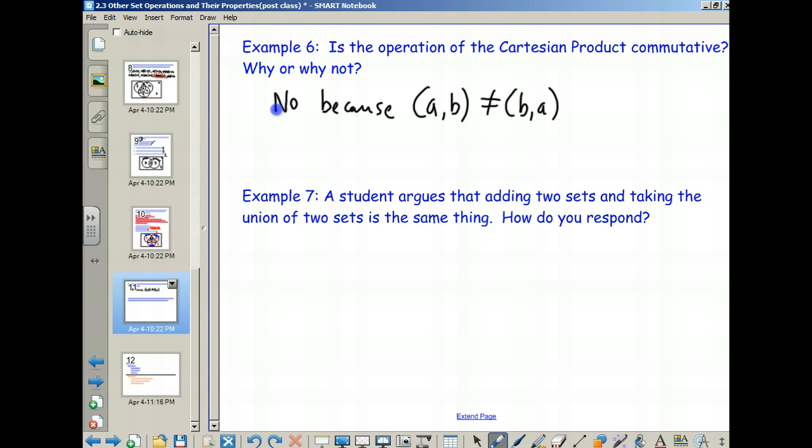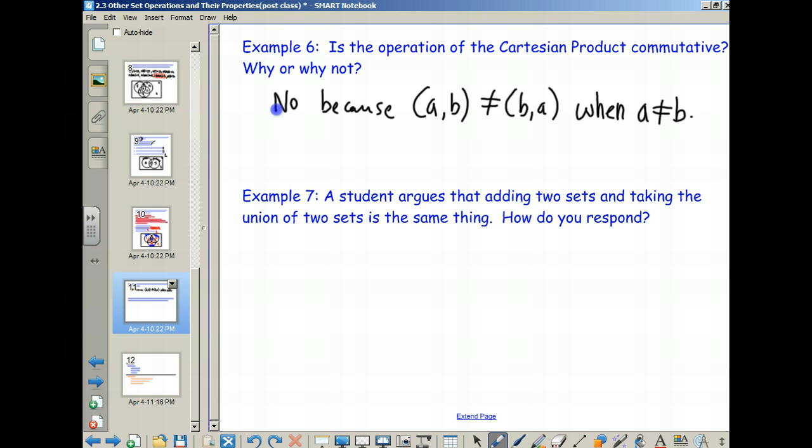When is it not the same? When you plot a point, there are some cases where it would be the same. That's right, Kayla. This is not true when A is not equal to B. So if A equals B, it would be true, right? Sort of by default. Yeah, by default, right, Beth?